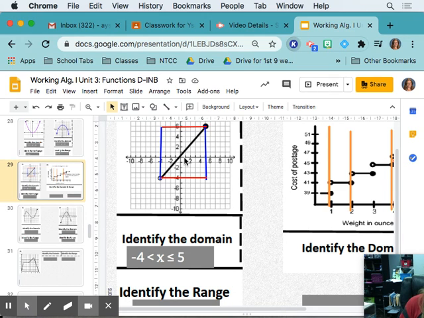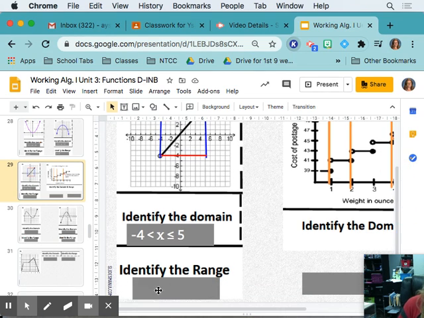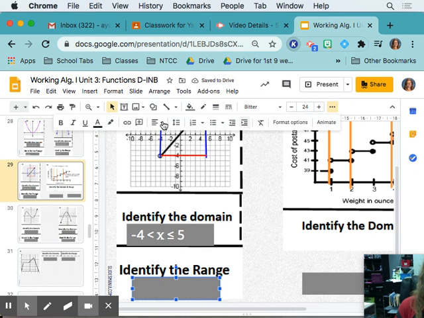So the range goes from down to negative 4 and up to 6. So we write -4 because that's as low as it goes. And it's an open circle, so it'd be less than.